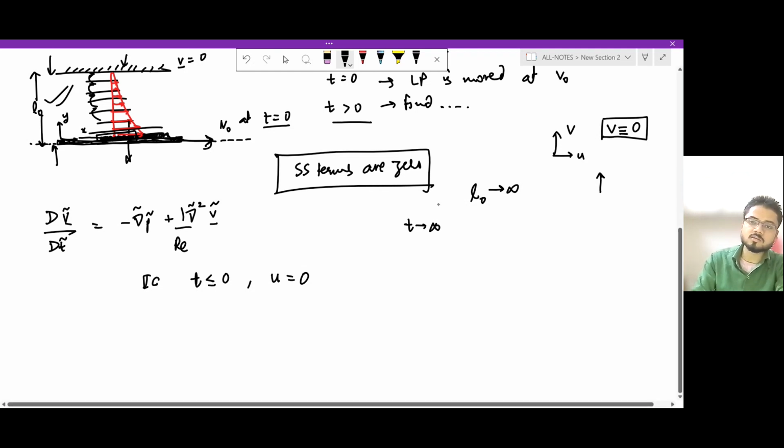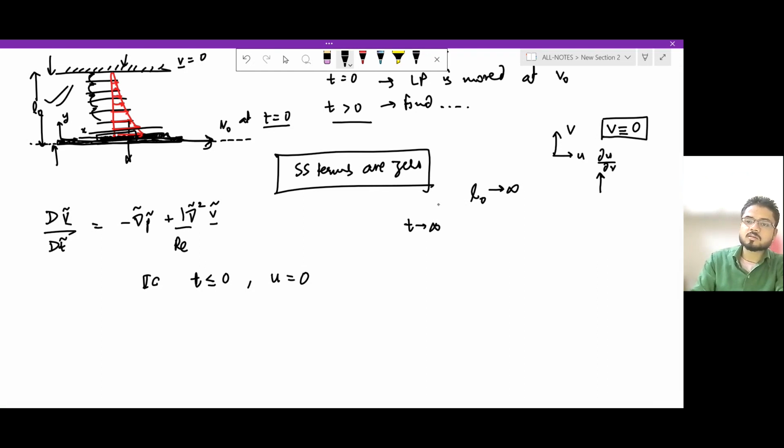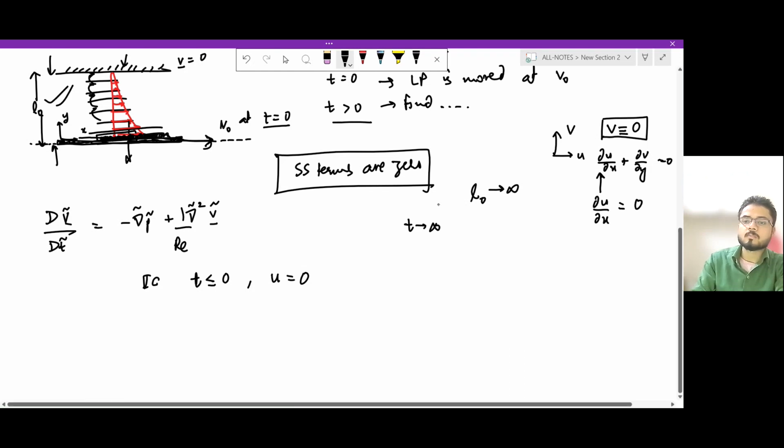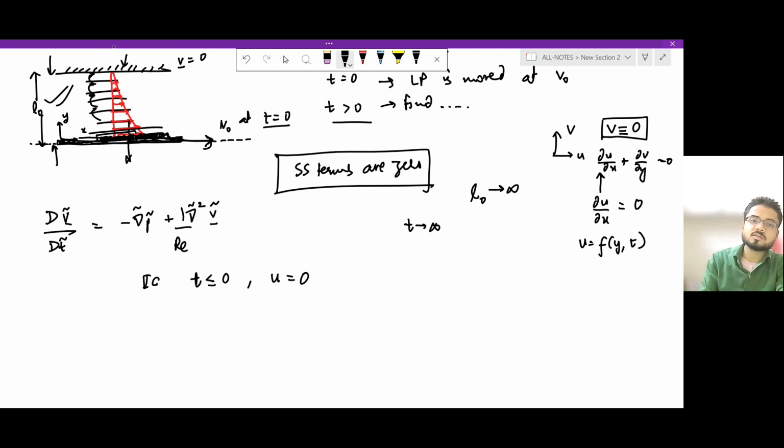And from this, you can write from the continuity equation that del u by del x plus del v by del y is equal to 0. So del u over del x is equal to 0. This would imply that u is a function of y and t only, because this entire space is defined in 3 coordinates that are x, y, and t. There's no z here, so this is the space and this is the time.